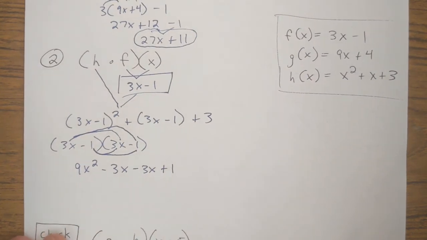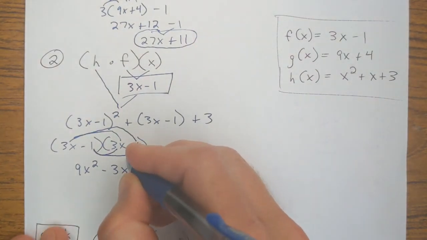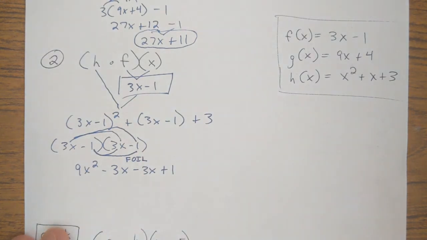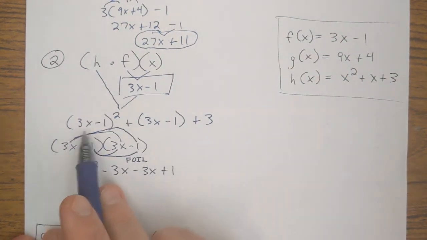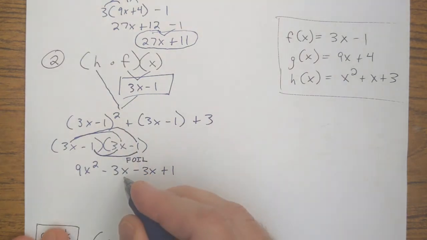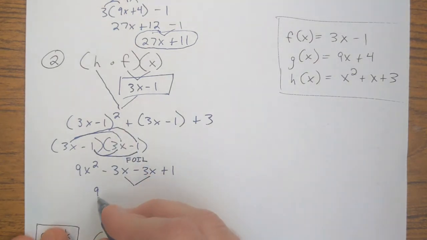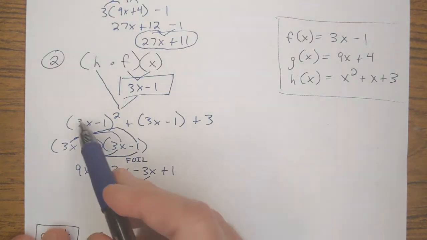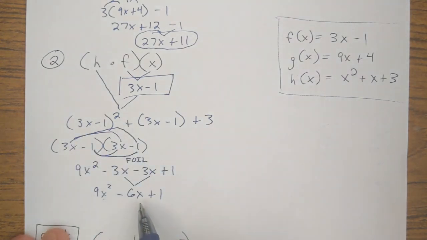A lot of you probably know this as the FOIL method, which is probably how you learned it originally. Anytime you have a binomial like this being squared, you do have to FOIL it. Now we can combine the negative 3x minus the 3x, which becomes a minus 6x. So when we FOIL this out, we get 9x squared minus 6x plus 1.